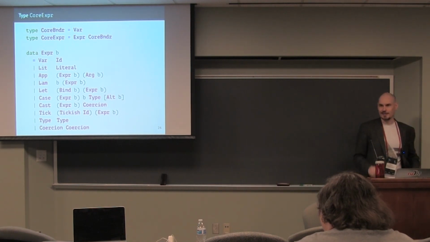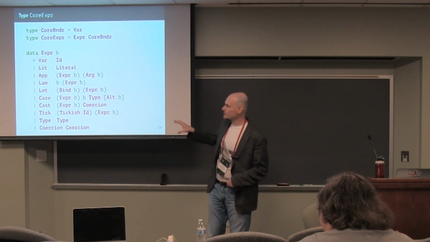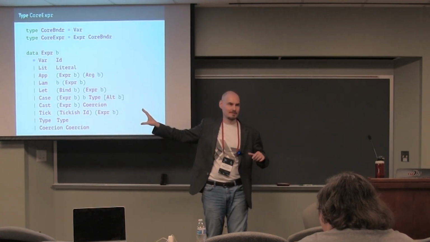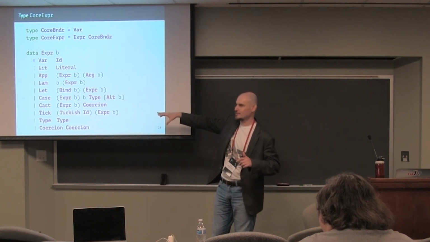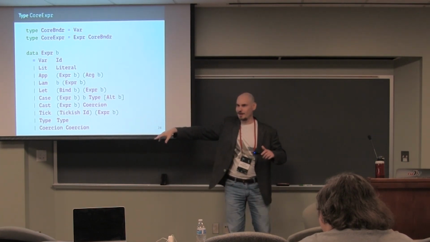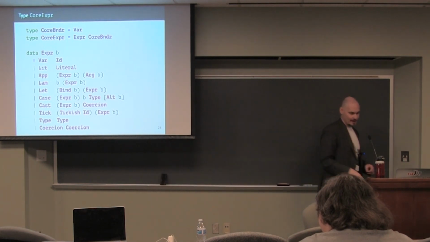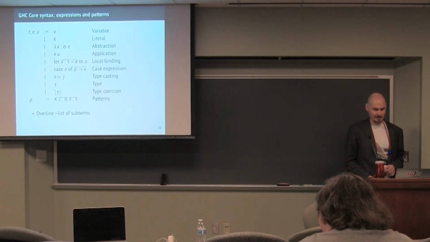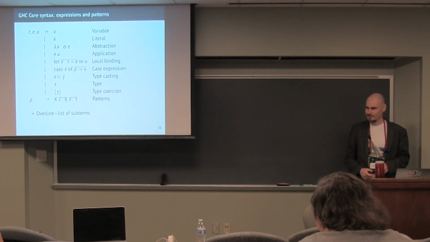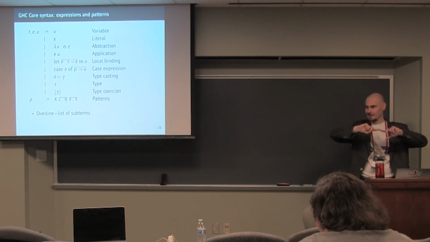make such an exercise. Can you find the difference between the actual Haskell core expression here? Just try to memorize all these constructors. Can you find the difference between this Haskell and this same thing in Greek? There is only one constructor there. Yes, tick, exactly.